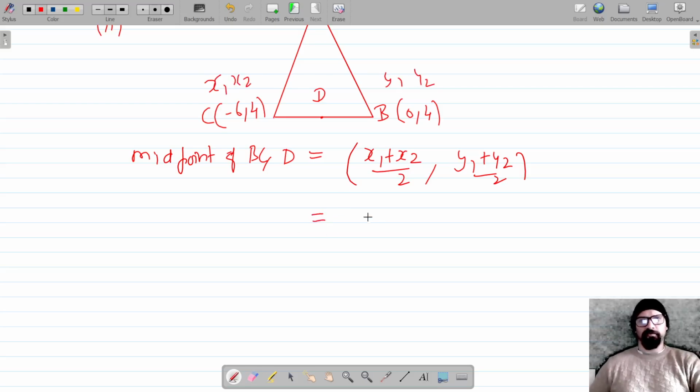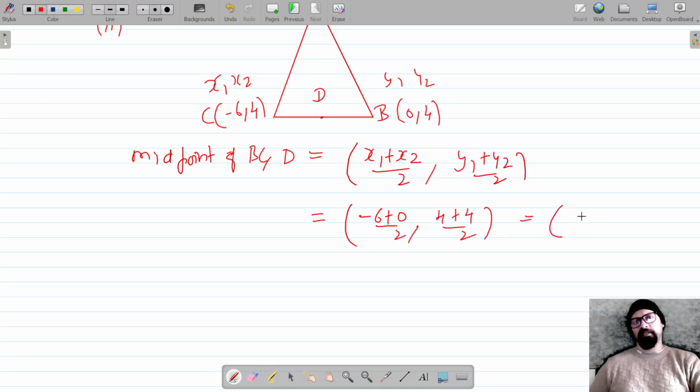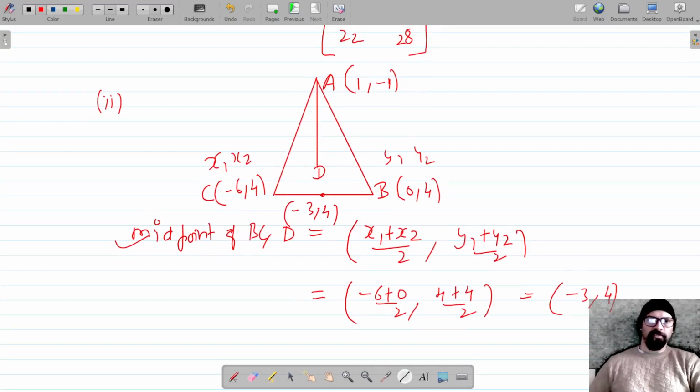So this gives us minus 6 plus 0 by 2, and 4 plus 4 by 2, which gives us negative 3, 4. So negative 3, 4 are the coordinates of D, which is the midpoint. And if we join it to vertex A, that means AD is the median.